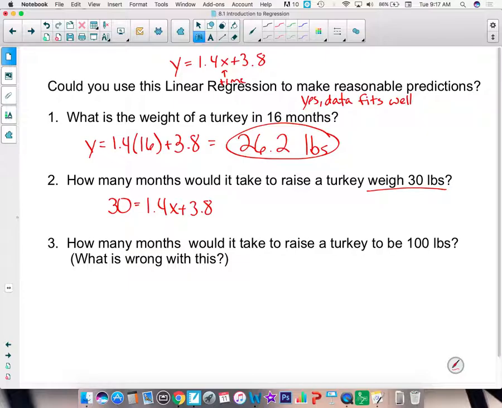We subtract 3.8 from both sides, so 30 minus 3.8 gives 26.2 equals 1.4x. Divide by 1.4, and we get x equals 18.7. So it takes about 19 months.